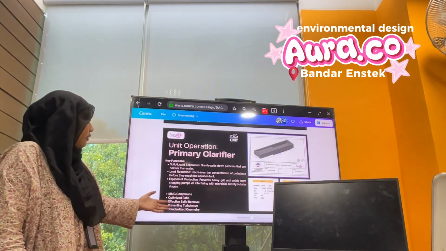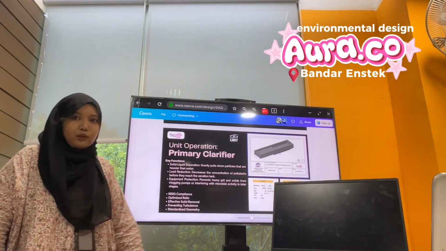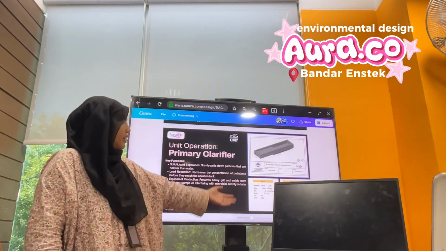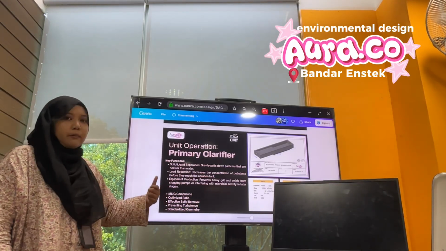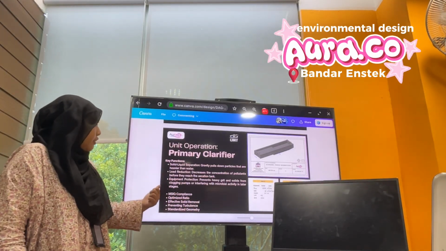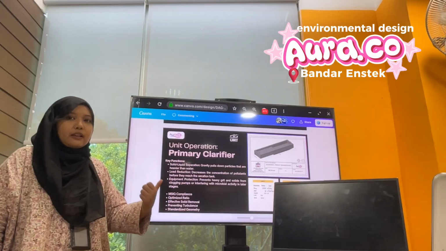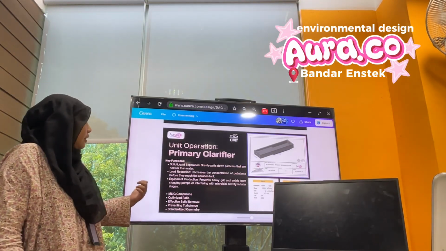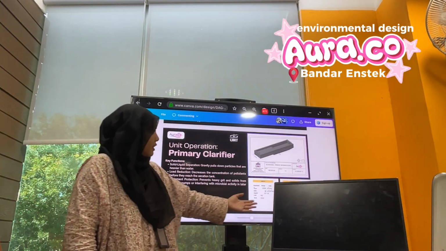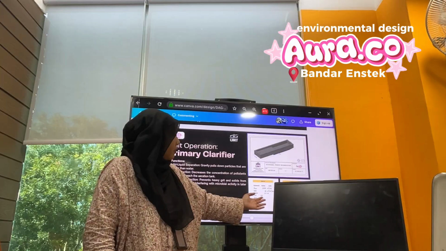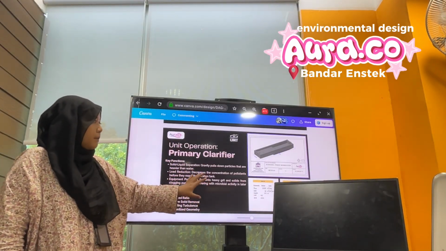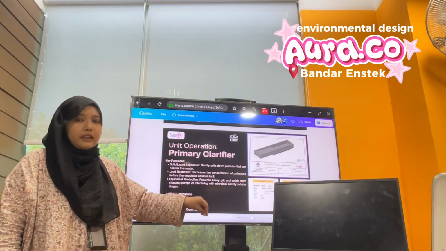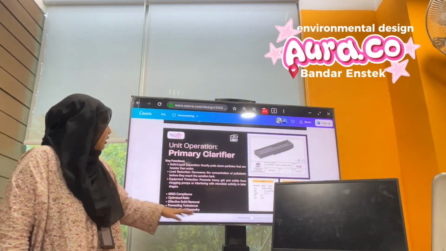So there are several things that we need to make sure of before we design our primary clarifier. First, we need to make sure it follows the standard of MSIG compliance 4.18. Next is the optimized ratio. As you can see, the ratio is 4:1, which means the length of the tank must be long enough to help the particles settle down.